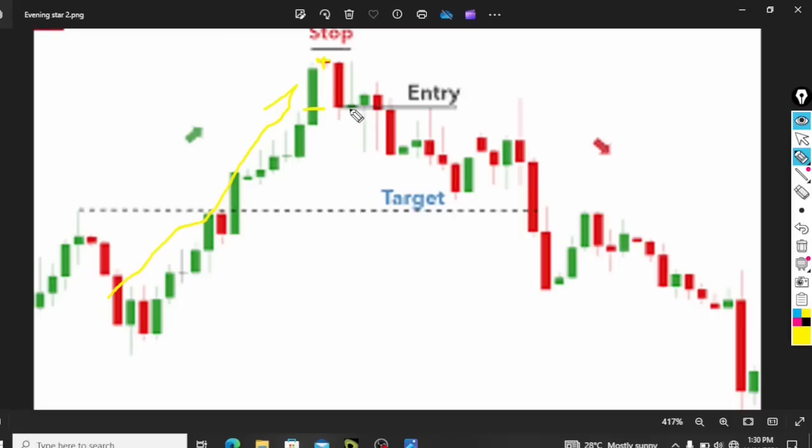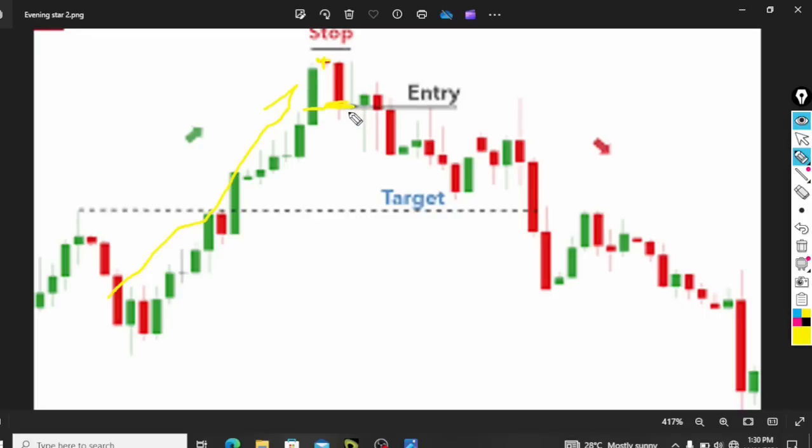As you can see from this chart here, the third candle, the bearish candle, has taken out more than 50% of the body of the first candle. So from there you should know that it is an evening star, and you should be going short anywhere around that region.